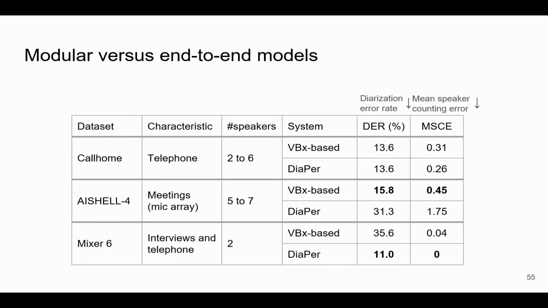But at the same time, if you go to this other scenario where you have only 2 speakers, actually the end-to-end model is much better. Maybe not in terms of number of speakers, this is probably just one file in the whole collection, so this is maybe the same. But here you see by handling better the overlap, it can reduce the error substantially.